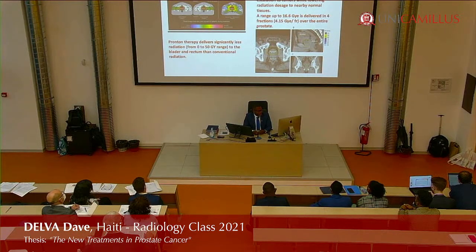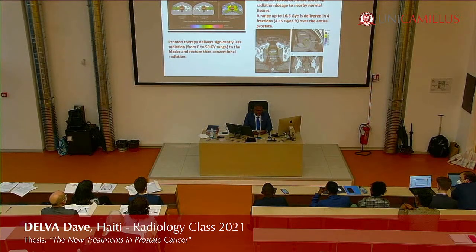It's a center that treats prostate cancer with carbon ion therapy, with 60 gray delivered in 4 fractions of 4 grays. For the proton therapy, the most important thing to know is that we can have a better focal dose delivered over the prostate while sparing the normal tissue.